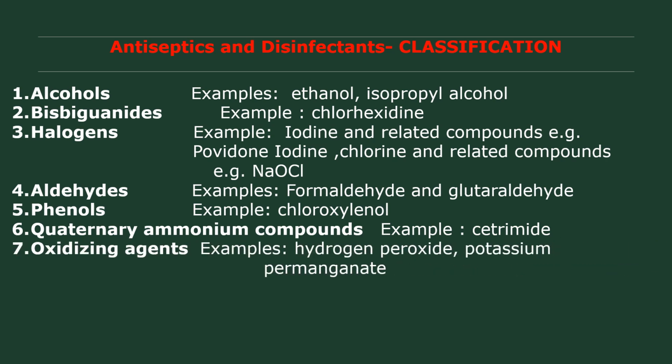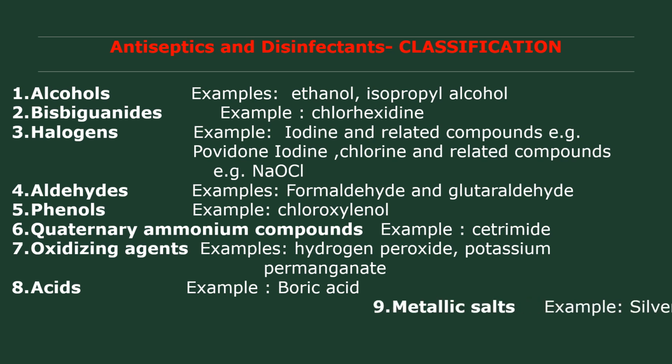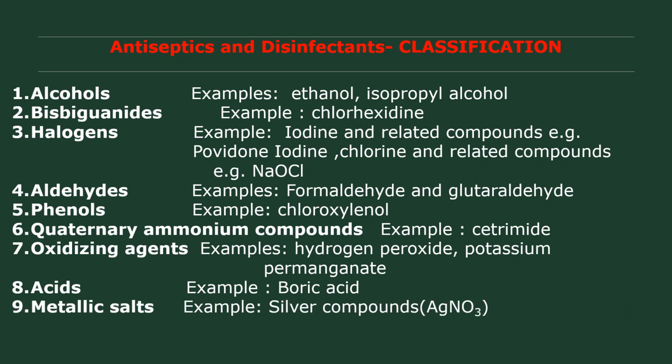Then we have oxidizing agents, examples being hydrogen peroxide and potassium permanganate. Then we have the acids, an example being boric acid. And then we have metallic salts, which can also be classified as heavy metals, an example being silver nitrate. And last but not least, we have the dyes, an example being gentian violet or crystal violet.